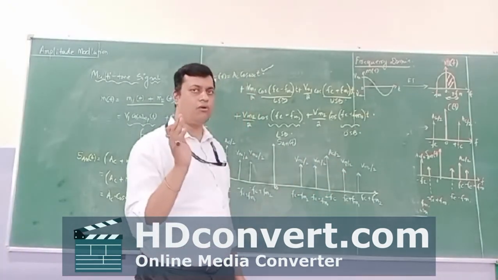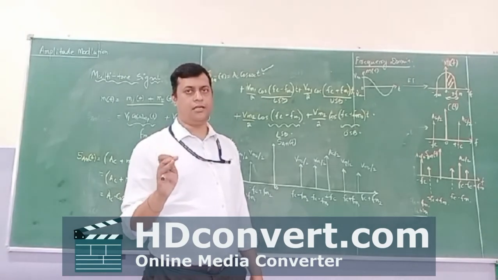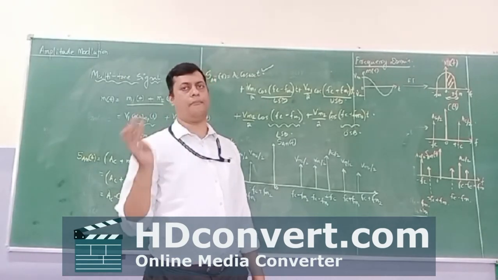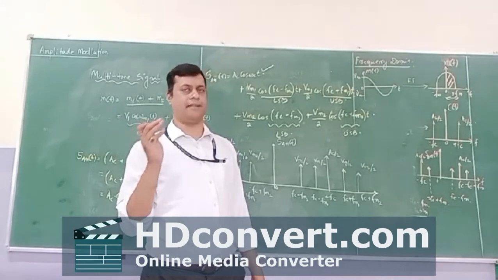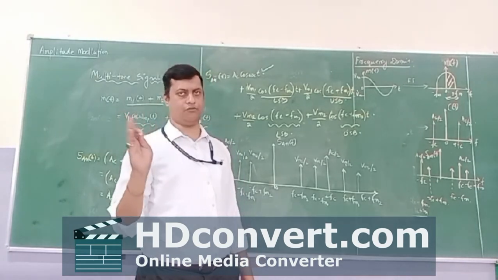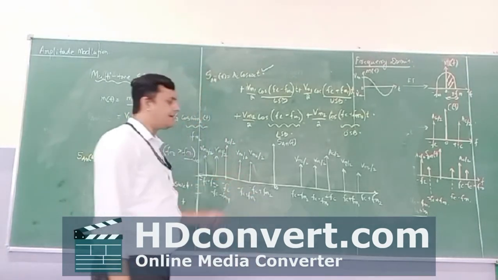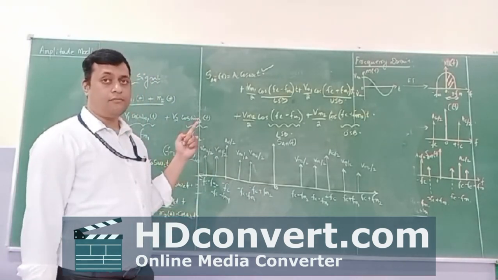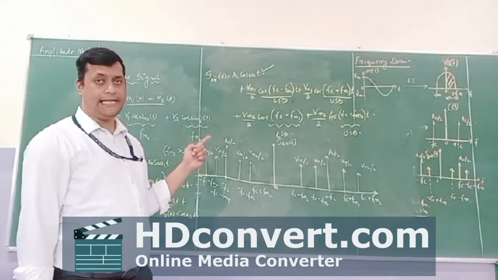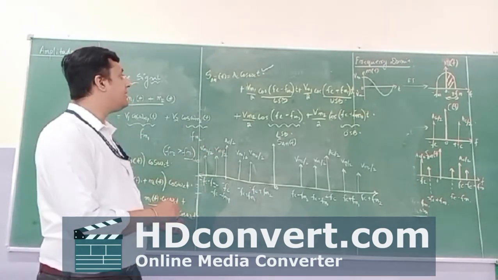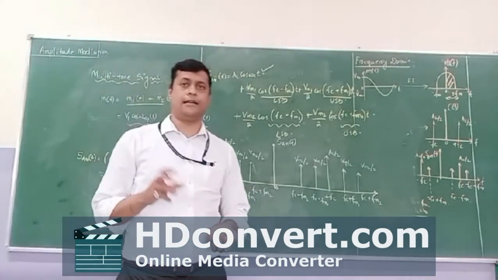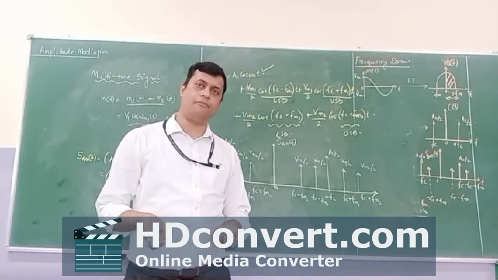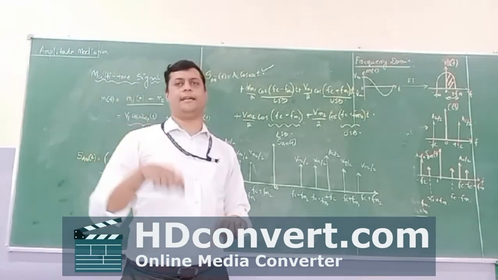There are four sidebands, two lower sidebands and two upper sidebands, corresponding to the message signals M1 and M2. So this is the frequency translation represented for our multi-tone modulating signal.